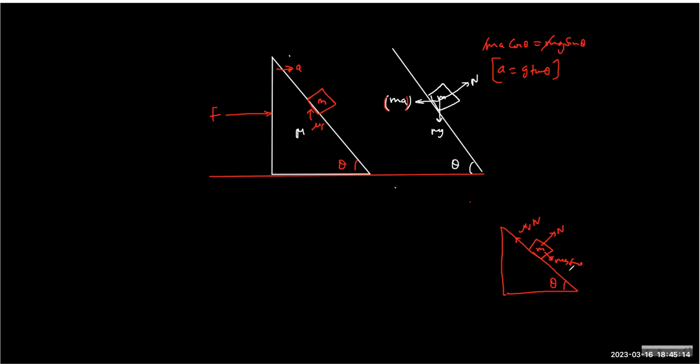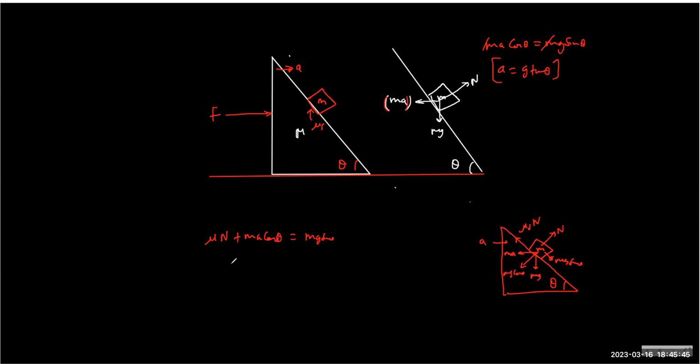In the first case, you accelerate the wedge to get a pseudo force which can enhance the normal reaction, right? So what you write here is mu N plus ma cos theta equals mg sin theta, right?